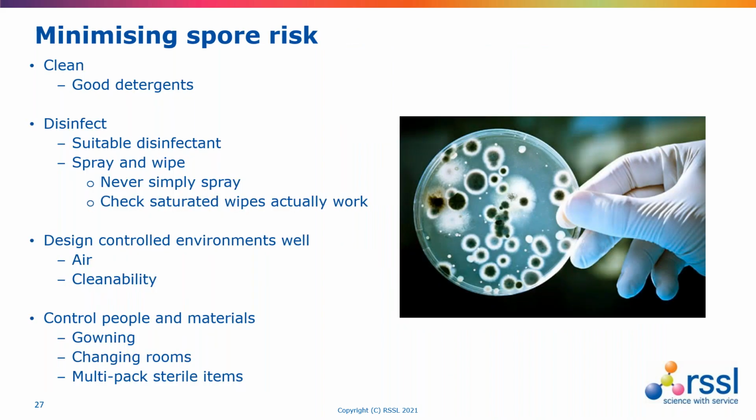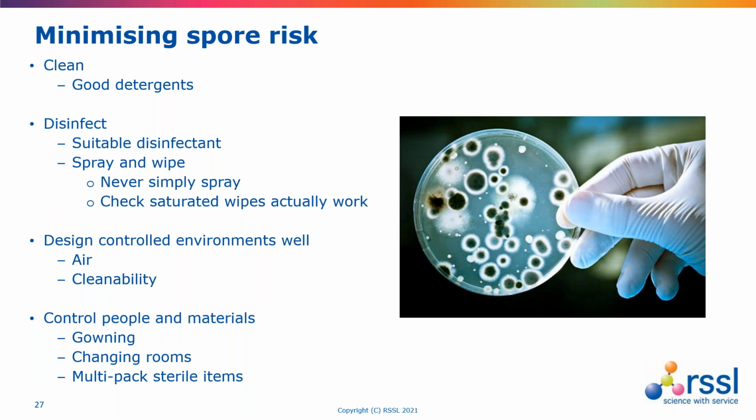So there are control measures that can lower the chance of spores being present within an area. And these include effective cleaning, because effective cleaning is required before any disinfection, and that involves using suitable detergents.